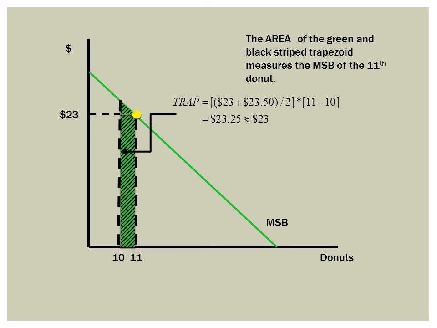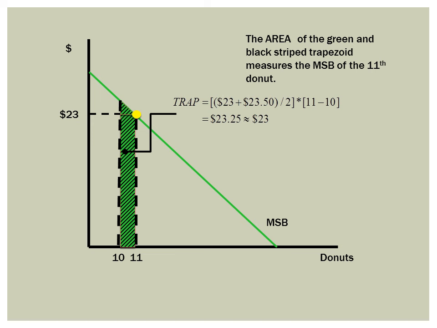So that's the marginal benefit of the 11th donut. And if we measure that area and we're careful about it, if you look at the formula on the screen for the area of the trapezoid, we would be measuring one length, which is the height at 11, and another length, which is the height at 10.